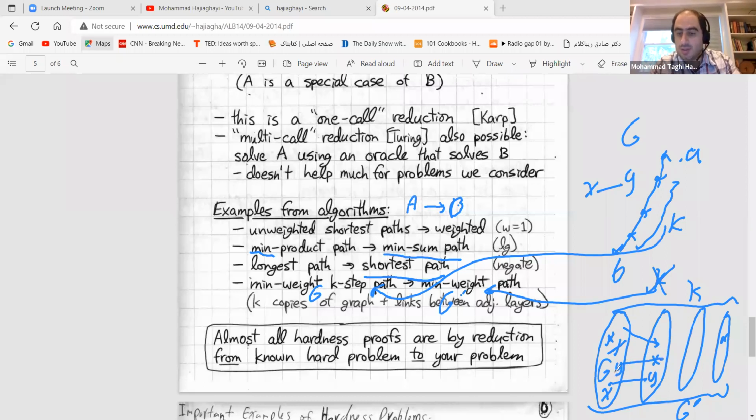But I don't put any edge from X to Y within the same copy. So this part would be empty. These are the same vertices, but no edges. All the edges would be between these guys.